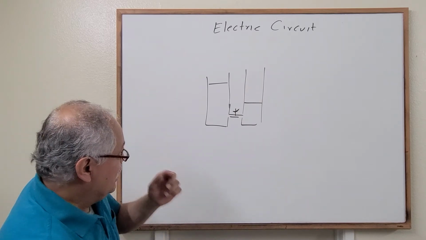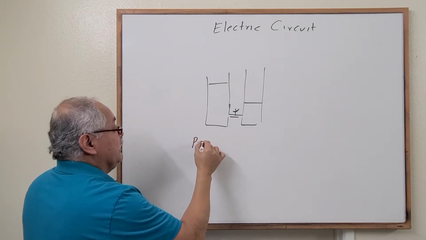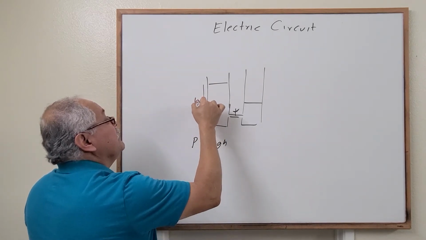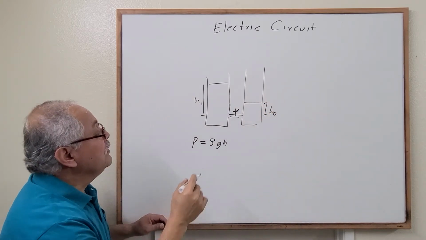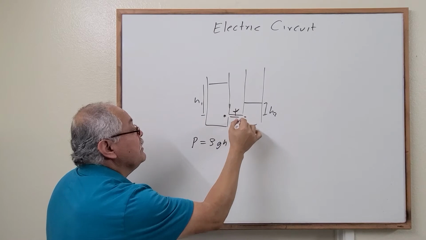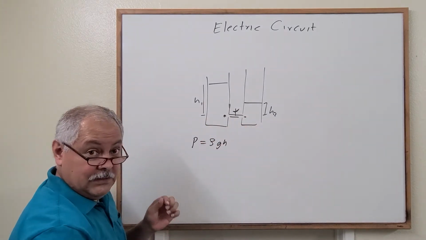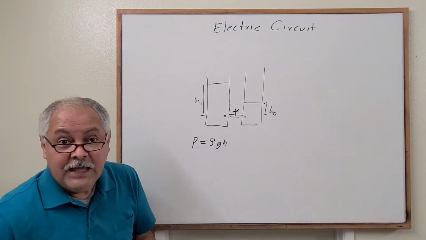Imagine. When we use the idea of pressure, pressure is equal to density times g times h. H is the depth, H1, maybe H2. Because right here the pressure is more than right here, we have current from here to here. Okay, the same thing happens when we have electric potential.